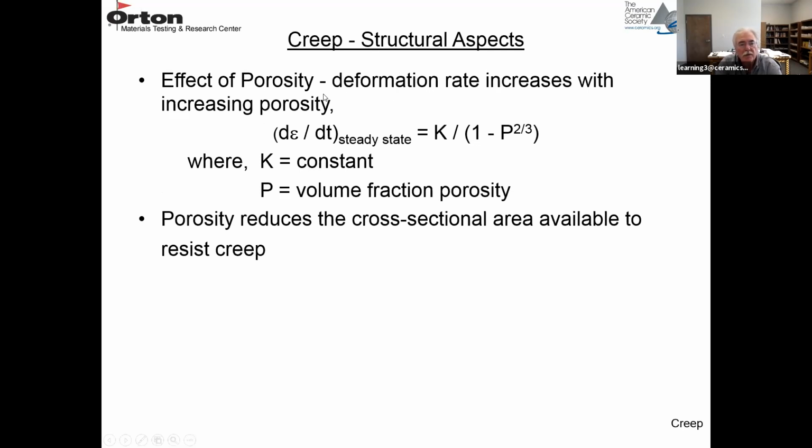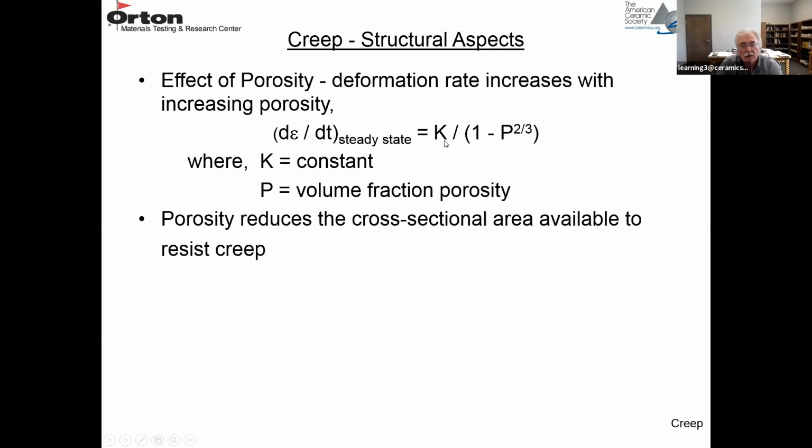Porosity also affects the creep rate. The creep rate increases with increasing porosity. Porosity simply reduces the cross-sectional area available to resist the creep. And this is another empirical equation. The creep rate, d epsilon/dt, equals a constant k divided by (1 minus p) to the 2/3 power.